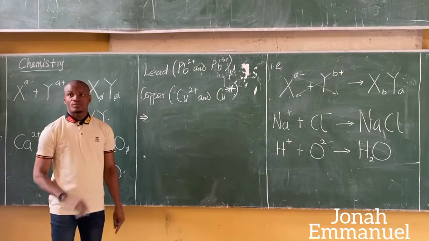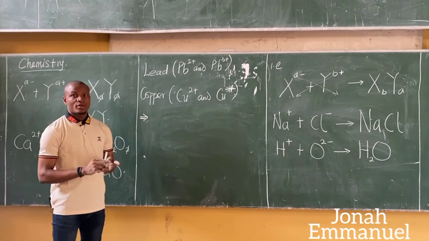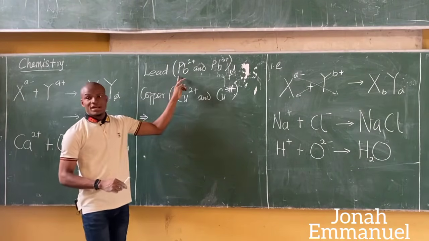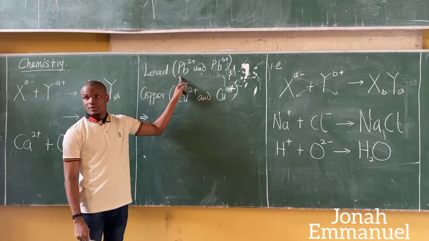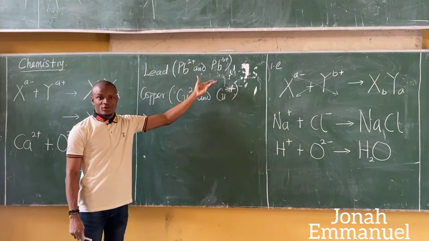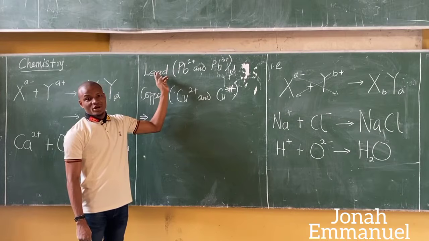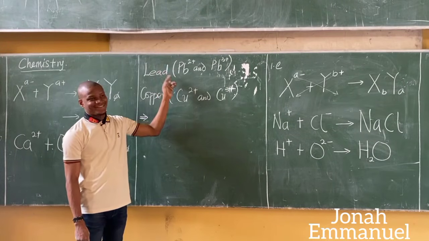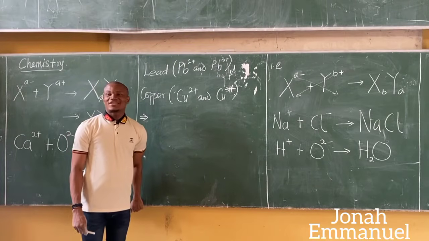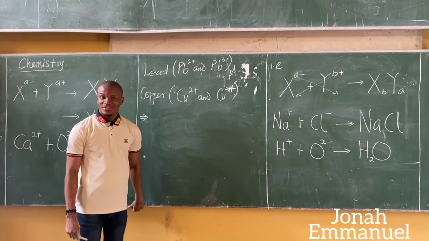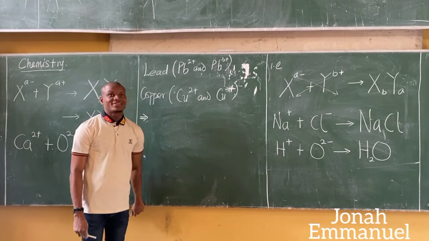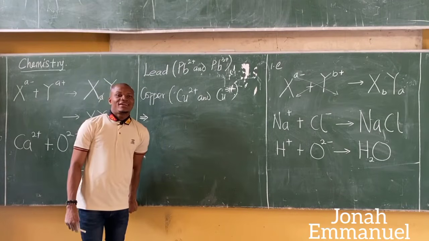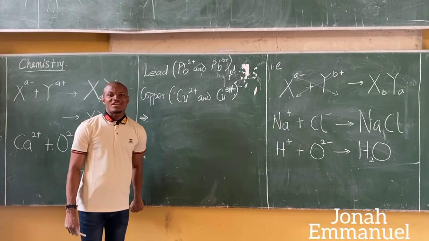Now look at this one. This is called lead 2 ion. This is called lead 3 ion. How do you pronounce this? Not "led" though. It's spelled lead, but pronounced "leed". Don't say "led". The concept is still the idea of English and chemistry.